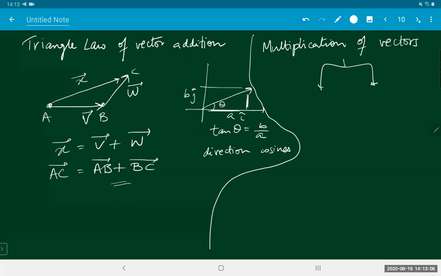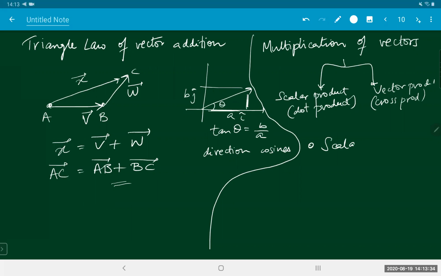You can define what is called the scalar product or the dot product, and you can define what is called the vector product or the cross product. In the scalar product, your final answer will be a scalar. So you will multiply 2 vectors and get a scalar in the end.